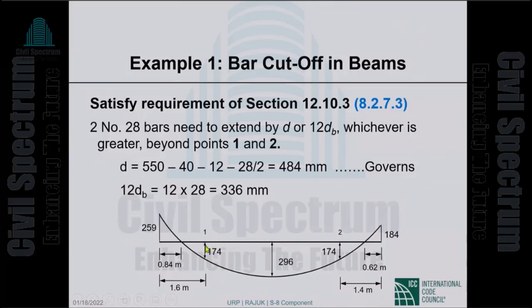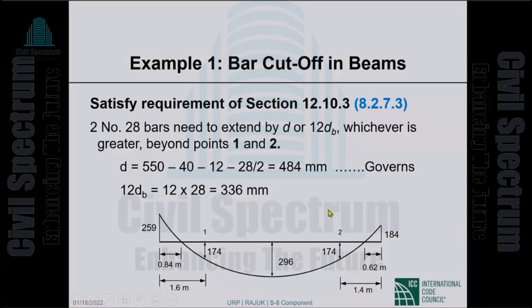This is 174 where the two number 28 can be theoretically cut off, and this is also where two number 28 can be theoretically cut off. This is 1.4 meters from the right hand side and 1.6 meters from the left.